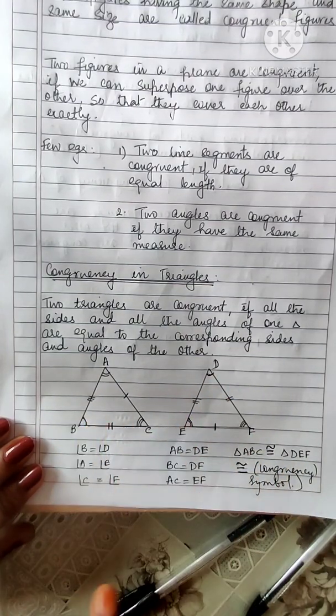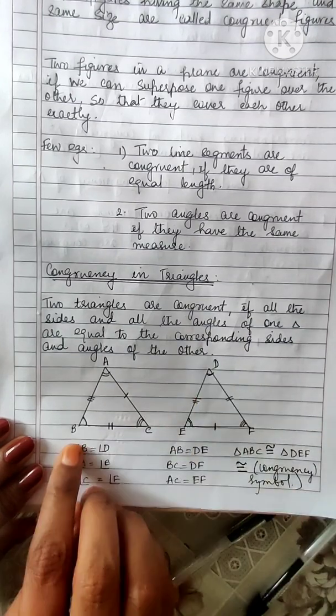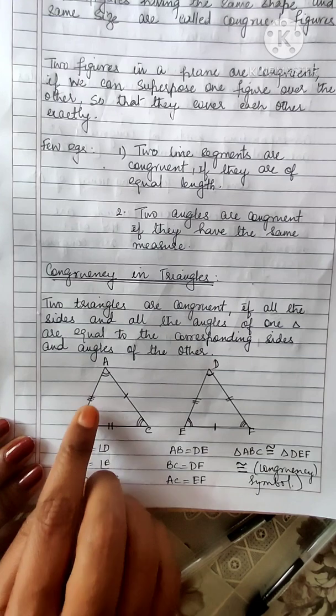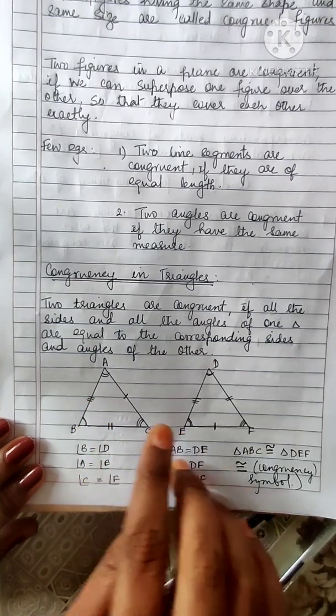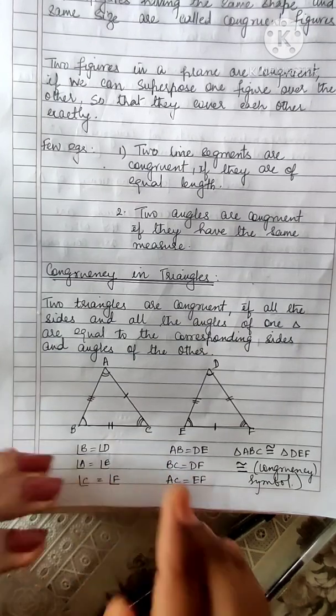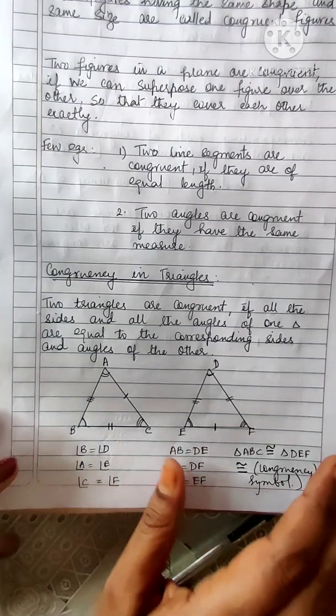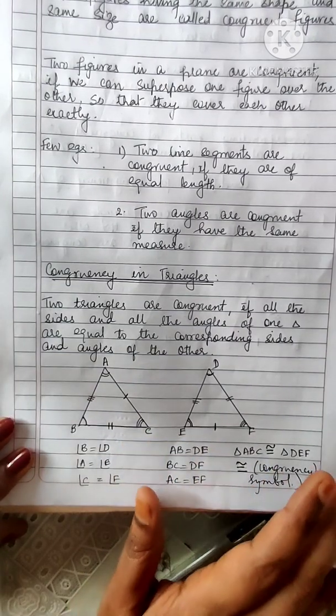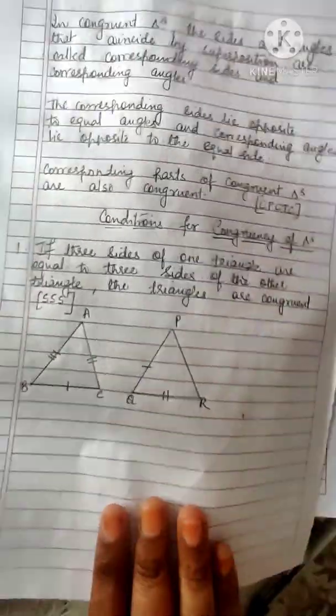We call those sides corresponding sides. Similarly, angle D will fall on angle B, angle E will fall on angle A, angle F will fall on angle C when it is superimposed. So these are called corresponding angles.